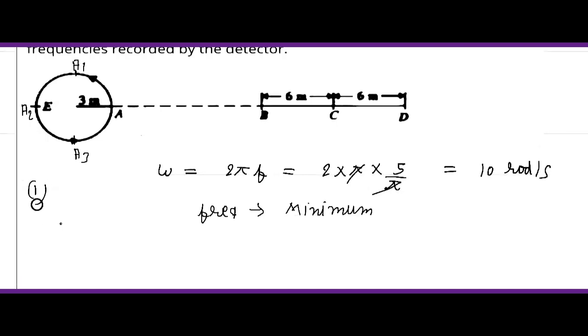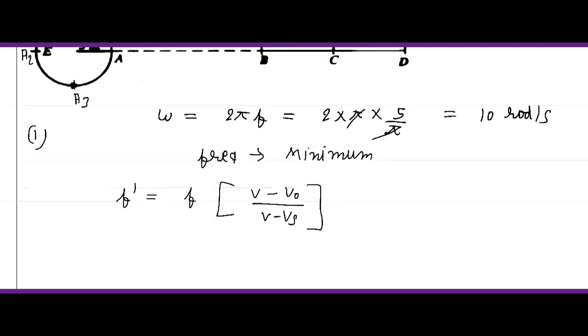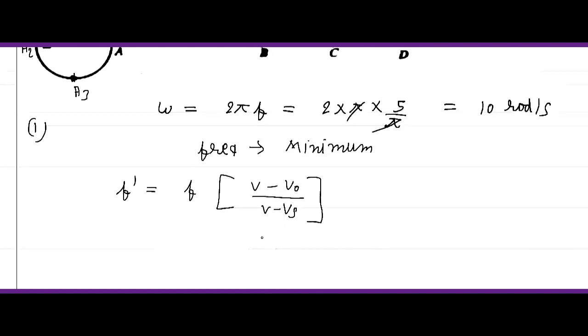Taking case 1, by the Doppler effect of sound, apparent frequency f dash is equal to f into (V minus V naught) divided by (V minus Vs). And in this case, when source and observer are going far from each other, the observer velocity is positive and the source velocity is negative.